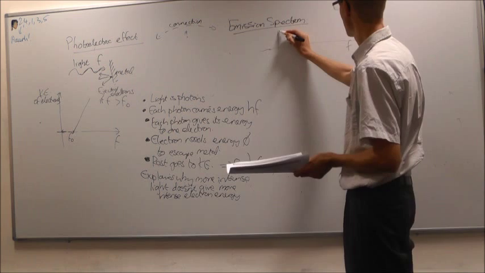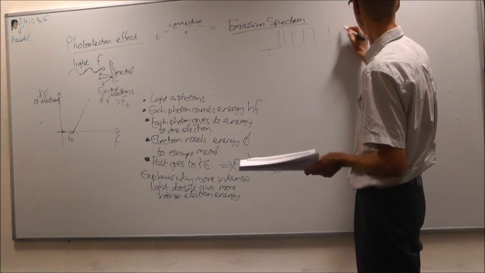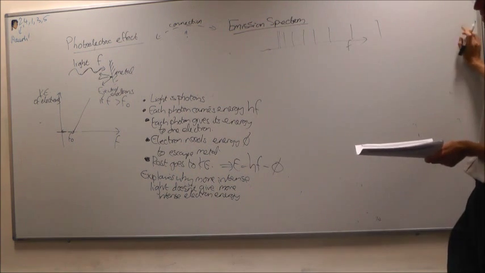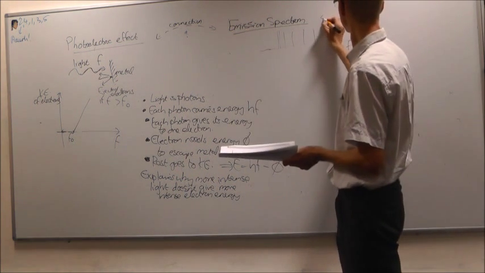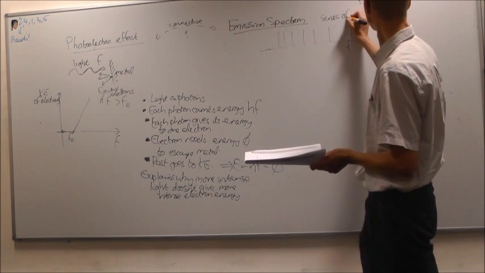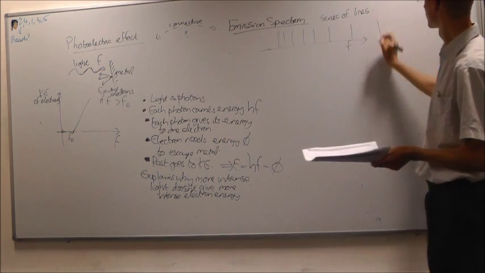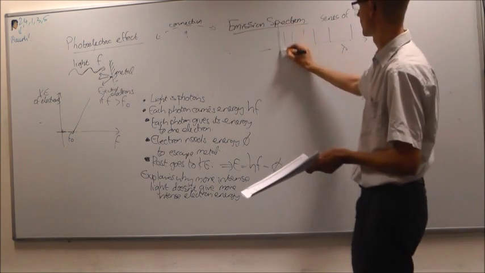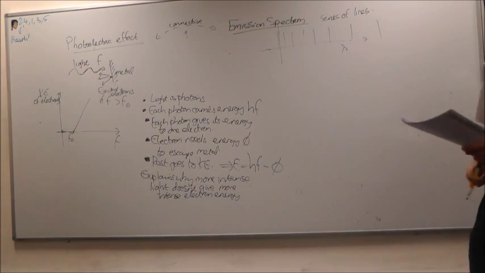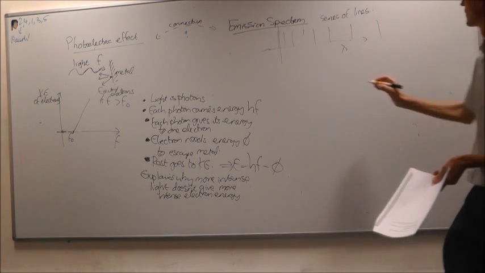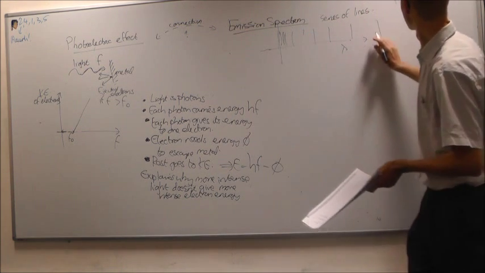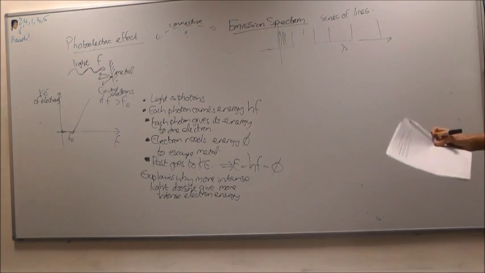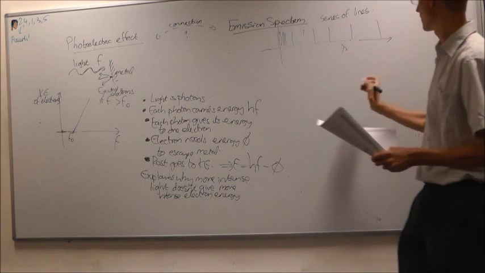Have I got that the right way around? That sort of goes like this, and you get a whole series of these lines. I think it's the other way, that's lambda, isn't it? You've got a minimum lambda you can go to. That's what it is. How do you get that?